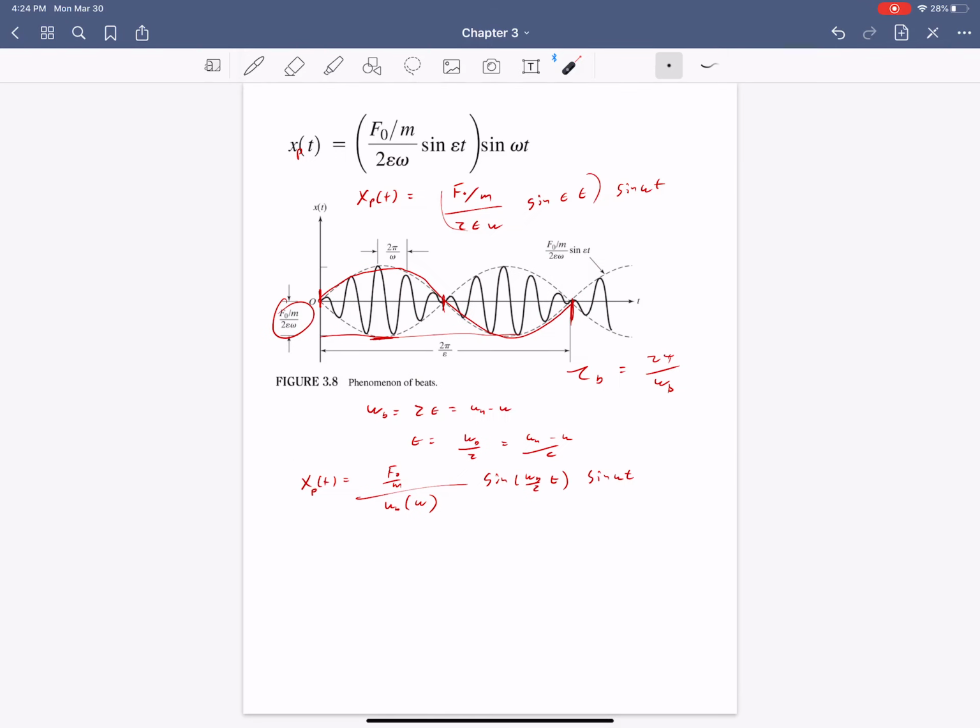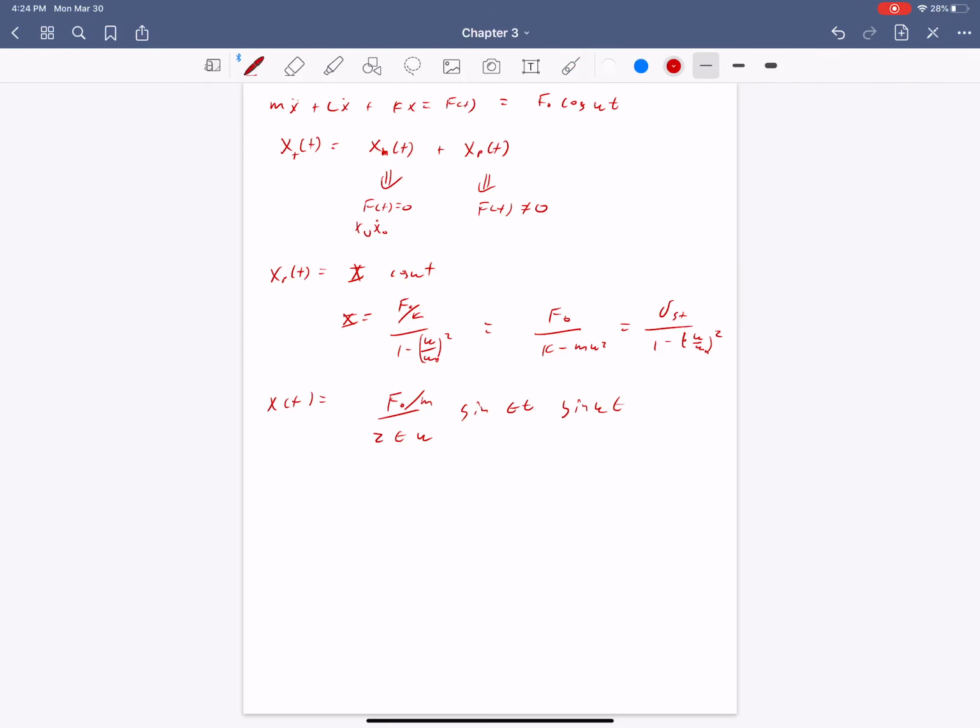So we've introduced a bunch of new concepts. We've introduced new terms. Omega b is equal to omega minus omega n over 2, correct? Should be over 2, okay?